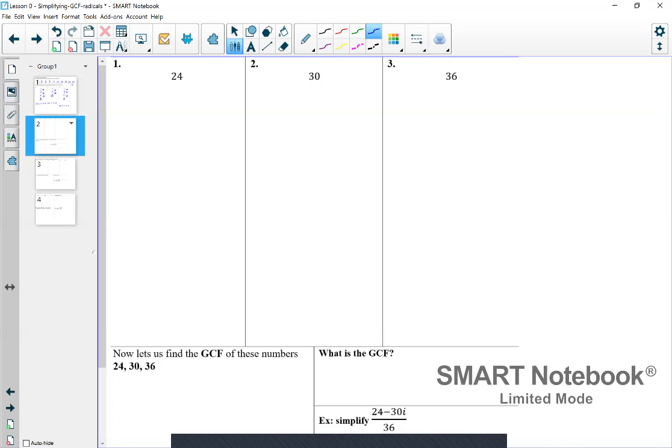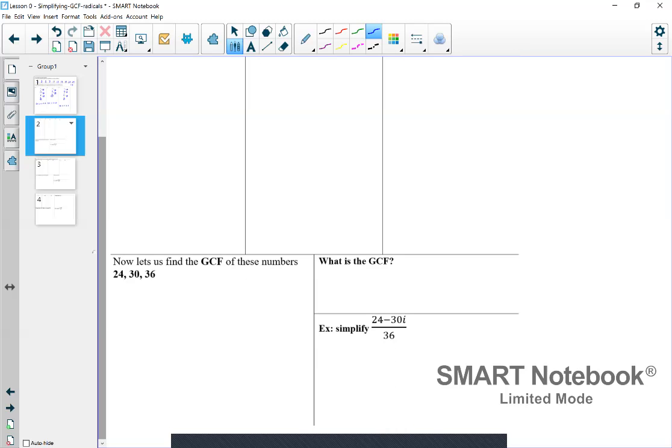So you might be wondering, Mr. Kreisler, what was the whole point of that? How does that help me find out what GCFs and simplifying are? Well, let's look at this. I want to now find the GCF of these numbers. The trick is to first break it down to primes, which we have already done. So let's just rewrite it out.